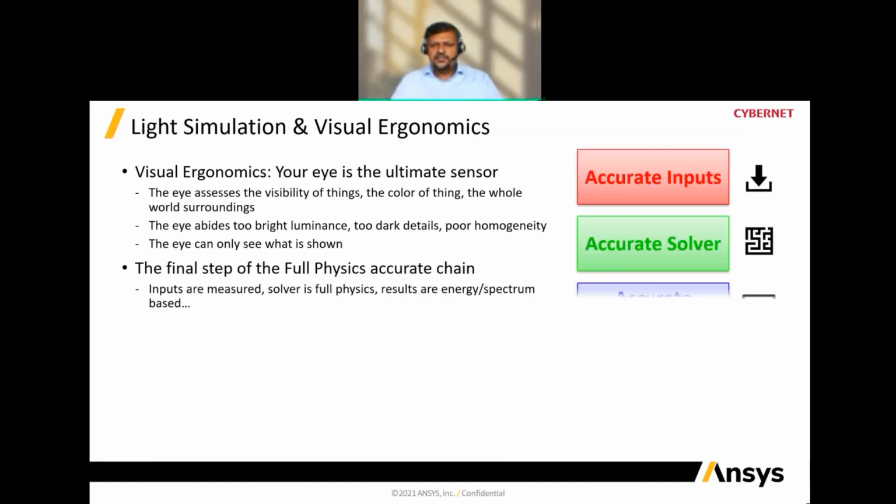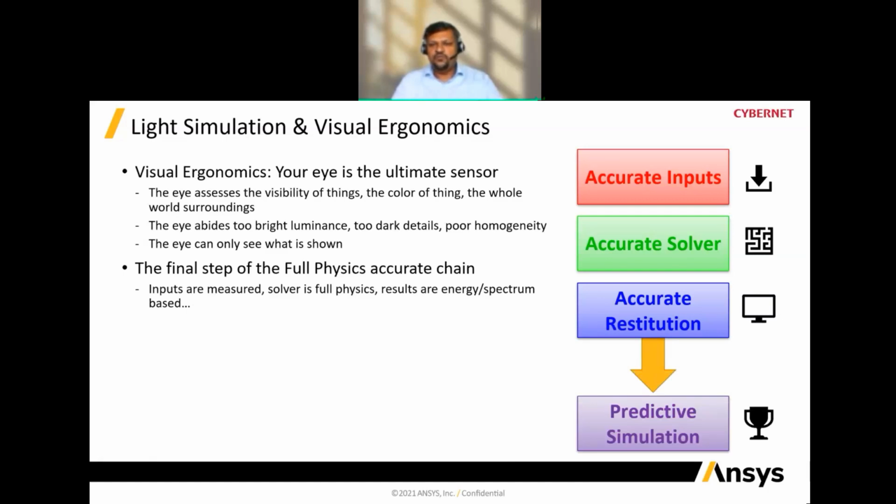This is completely achieved if you have a very good input, and if the solver is accurate to solve all the equations related to reflection, diffusion, refraction topics. And finally, we are seeing the results in our display like a monitor or a TV.